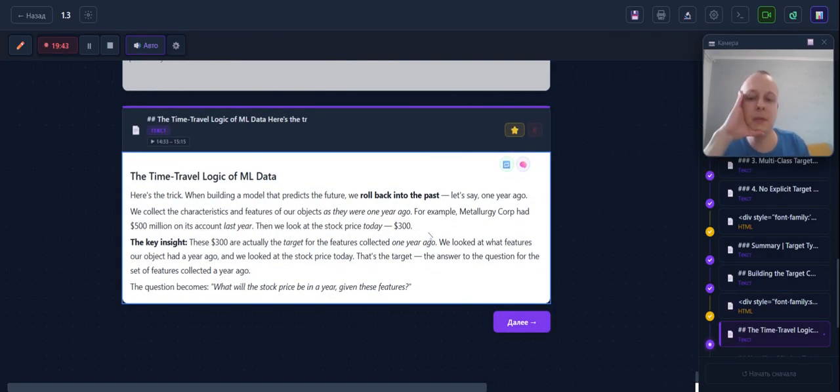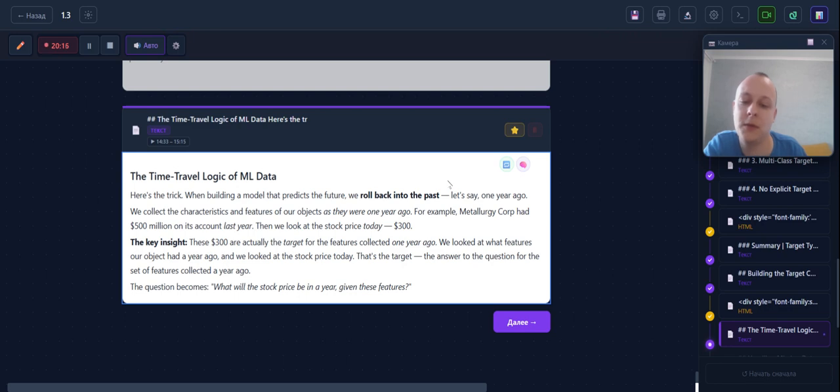When we build a model, we roll back into the past. We collect characteristics, features from the past, and make insights. We look at the price of a company a year ago, and we look at the price today. For example, with $300 today, these $300 are actually the target for features collected 1 year ago.